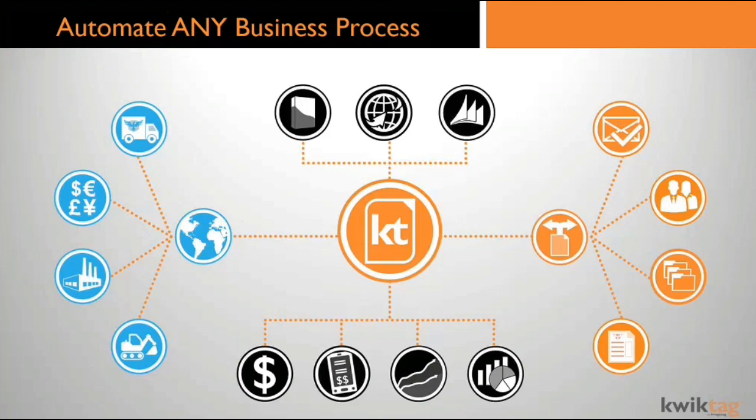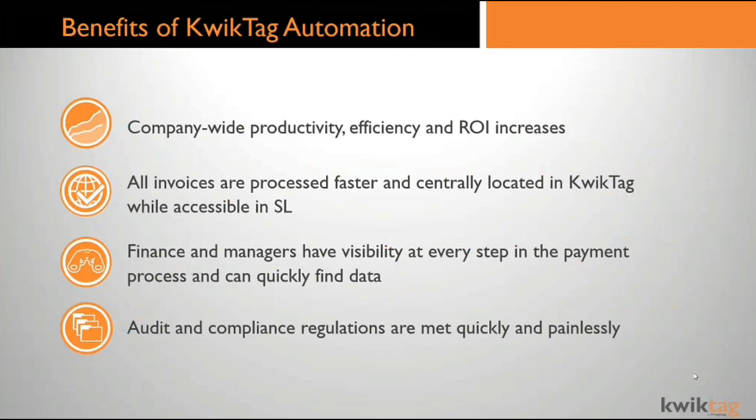Remember at the beginning, that person's frustrated. They're getting phone calls about information that they have no visibility into. So there are all sorts of other areas and processes within the business that you can apply QuickTag to once you have it working in AP automation, or you can start elsewhere. It's just that AP tends to be a common starting point.